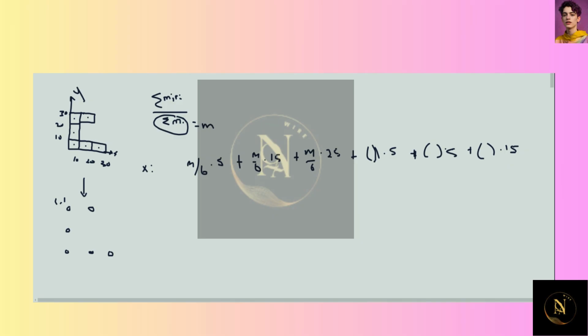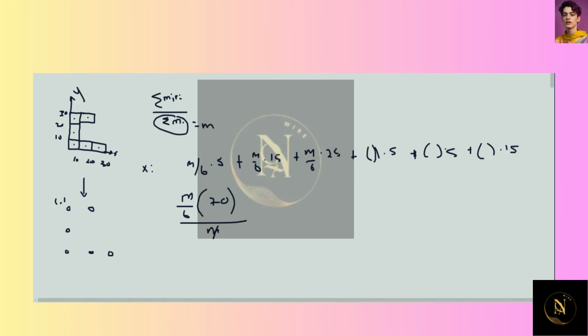If you calculate this whole sum here, you can actually just factor out the mass, because the mass is going to be the same for each one of these 6. So this is going to be the mass times the sum of these coordinates, which should get you something around 70 or so, over, now we add up all the masses, which is just m.